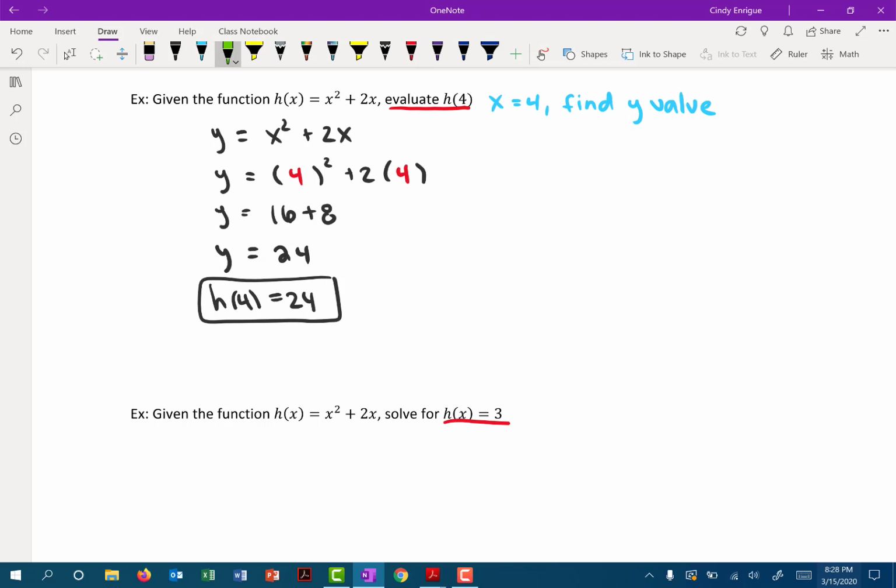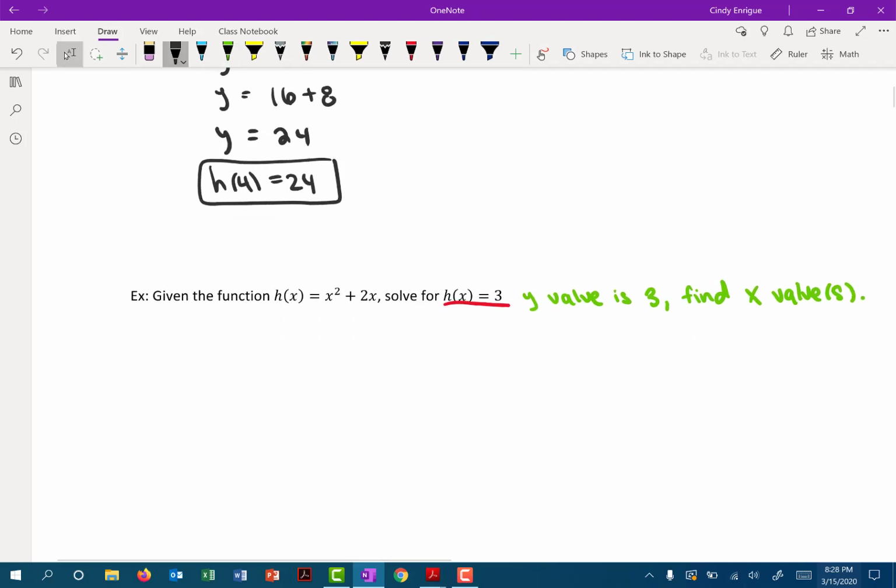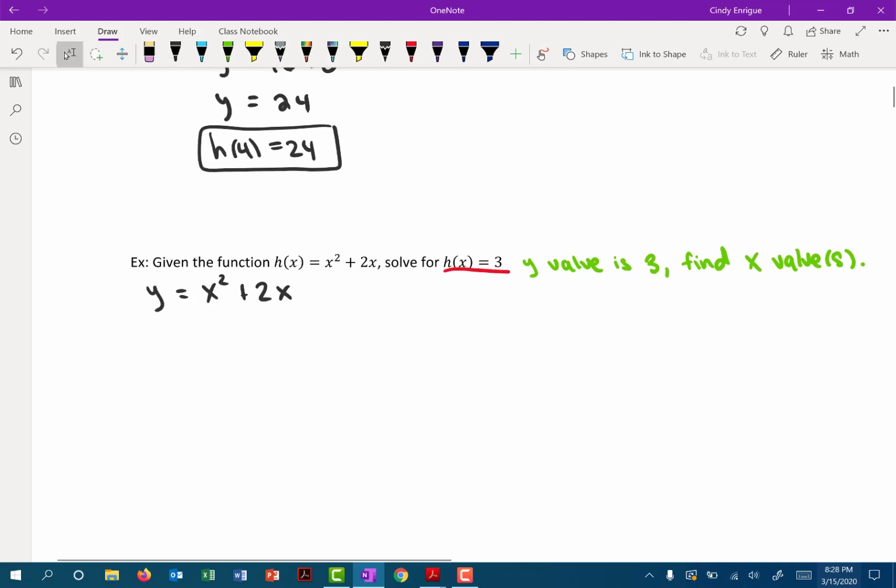In particular, this is saying that my y value is 3, and I need to find possible x values. So, okay, here we go. Well, I know that I have y is equal to x squared plus 2x. So the value that I'm plugging in is y, and it's 3.